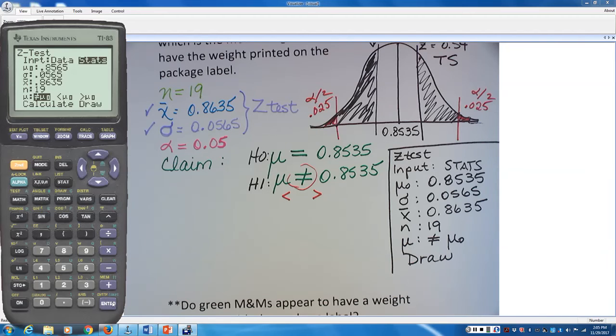I got a 6. Oh, I put 6.5. No wonder. That should have been a 3.5. And then 0.0565. 0.8635. Okay, let's draw again and see what happens.